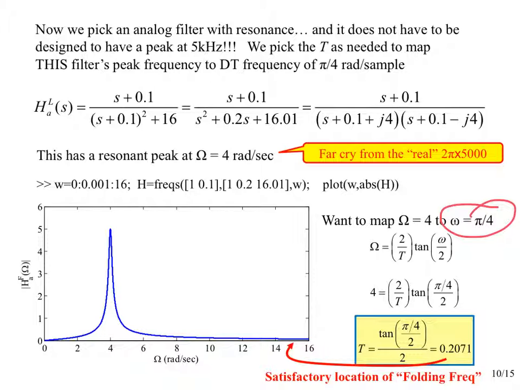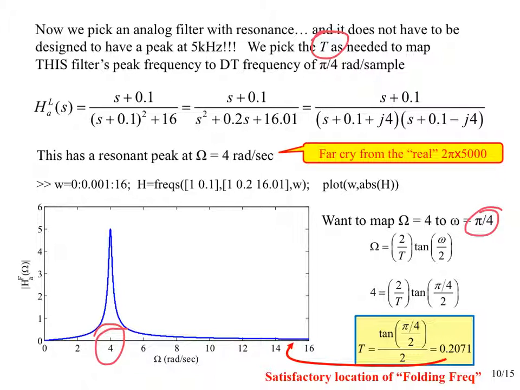And that's why we have to think about Fs being one thing and T for our filter design being an entirely different one. So let's pick the T that we need to put this 4 radians per second at pi over 4. We want to map capital omega equal to 4 radians per second into pi over 4 radians per sample.